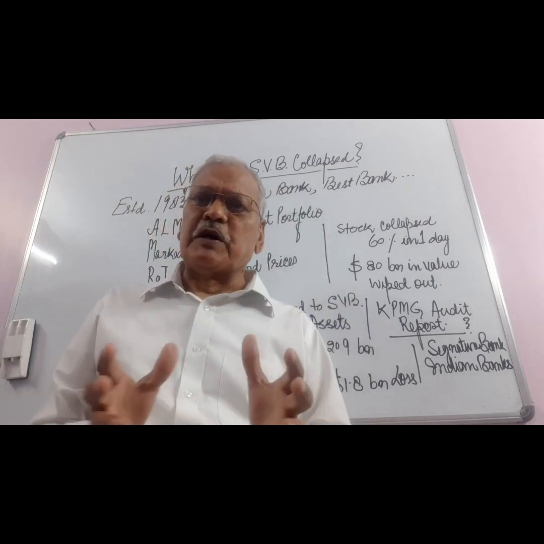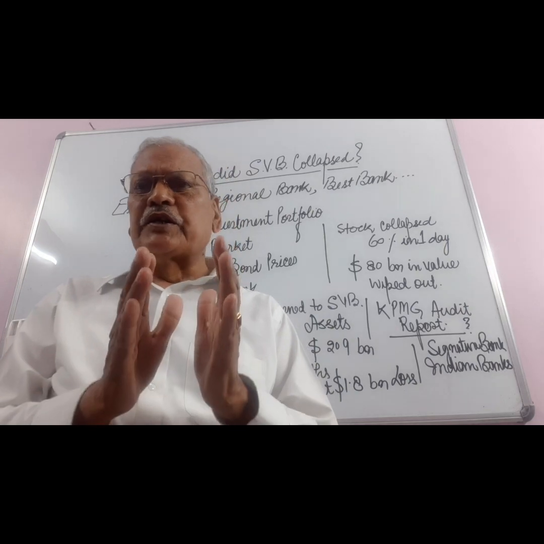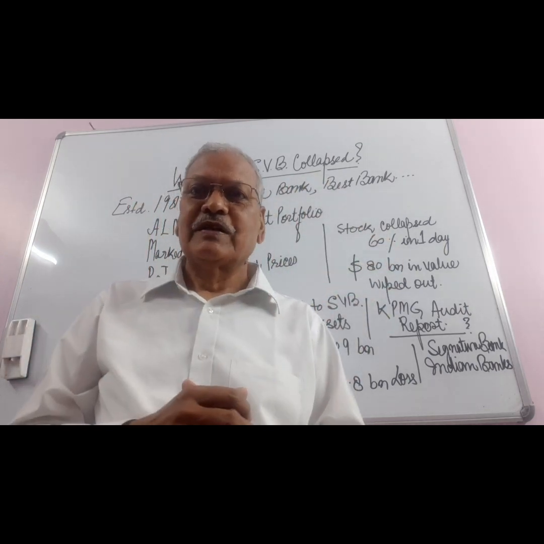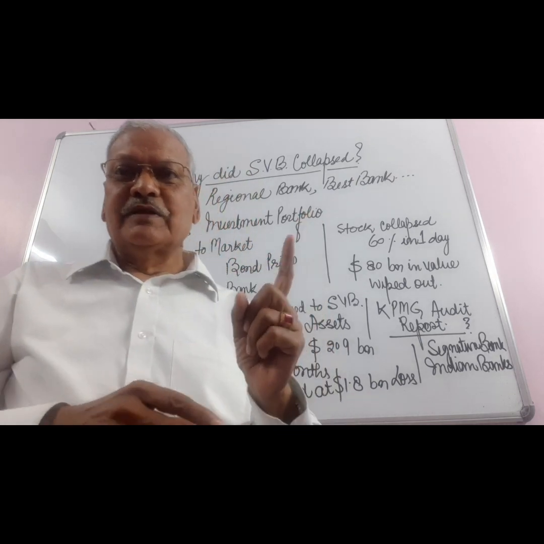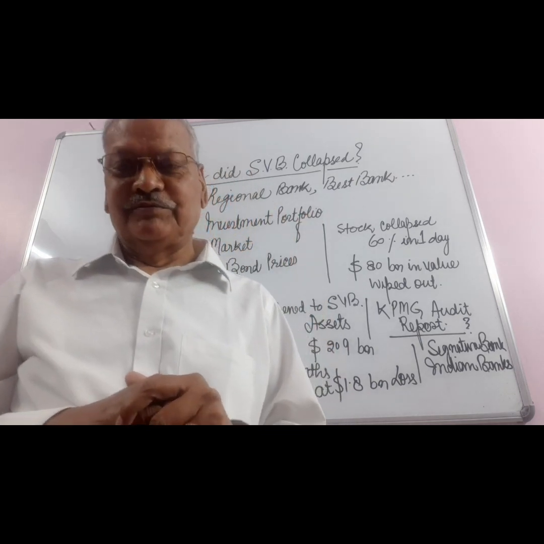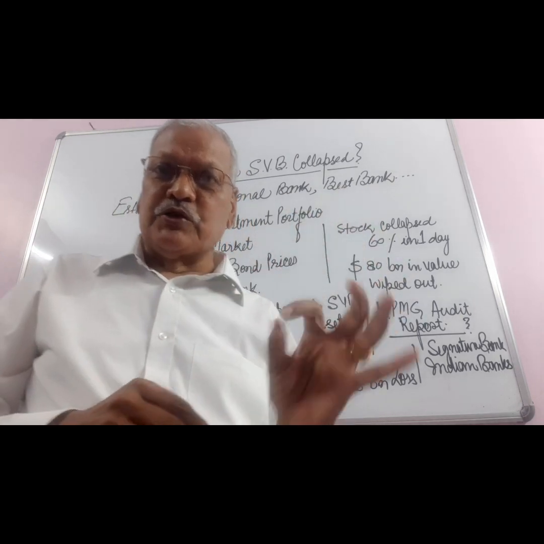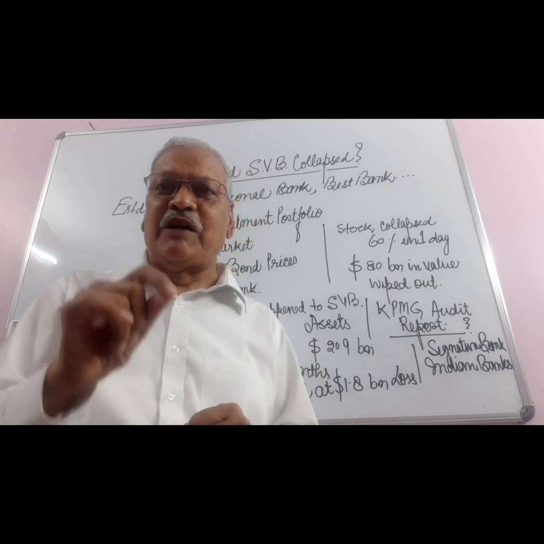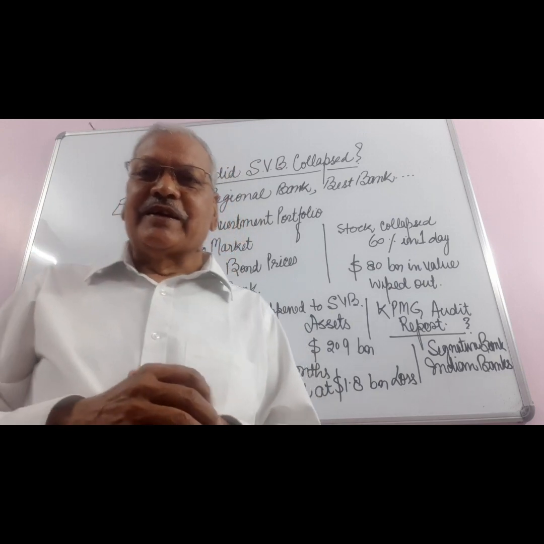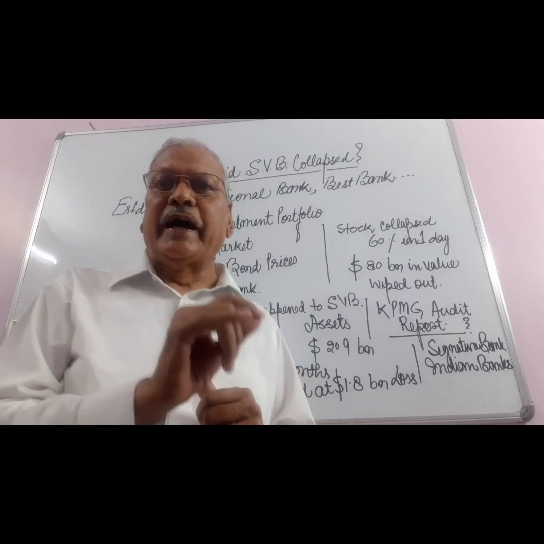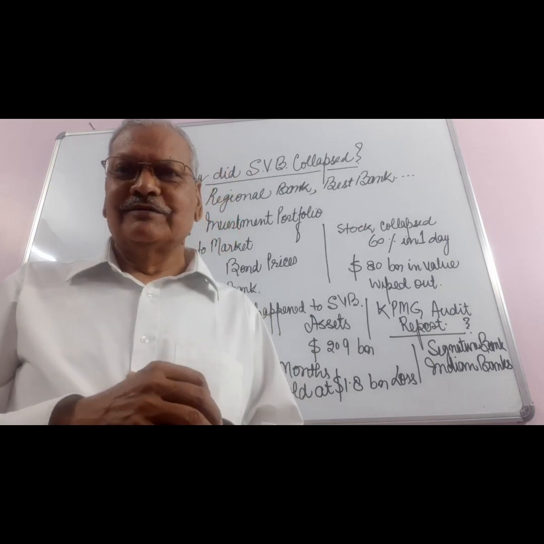And in this investment portfolio, we have to maintain three categories of our securities. Category number 1, held to maturity, HTM. Category number 2, available for sale, AFS. Category number 3, HFT, held for trading.